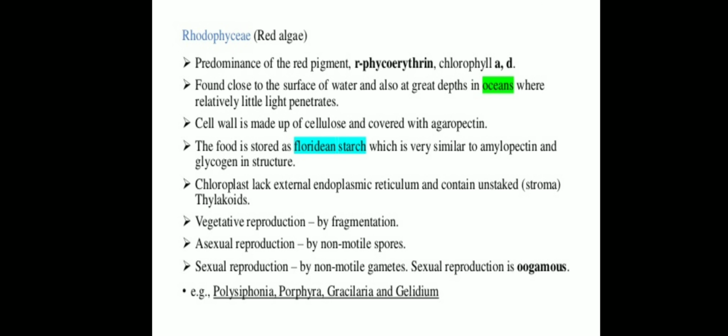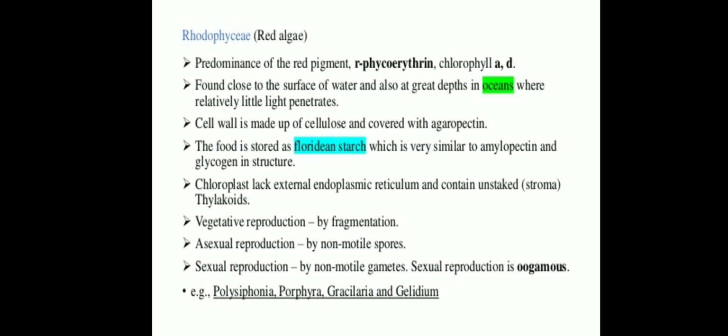The third one is the red algae. The predominant pigments are phycoerythrin, chlorophyll A and D. So red algae has chlorophyll A and chlorophyll D. Along with it, it has phycoerythrin that gives the red color to this algae. Found close to the surface of water and also at great depths in oceans where relatively little light penetrates.